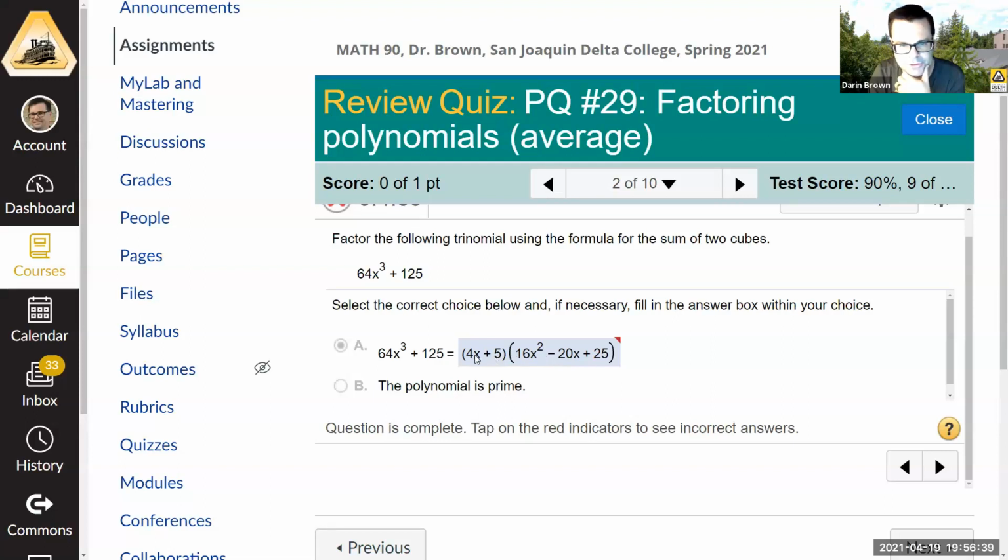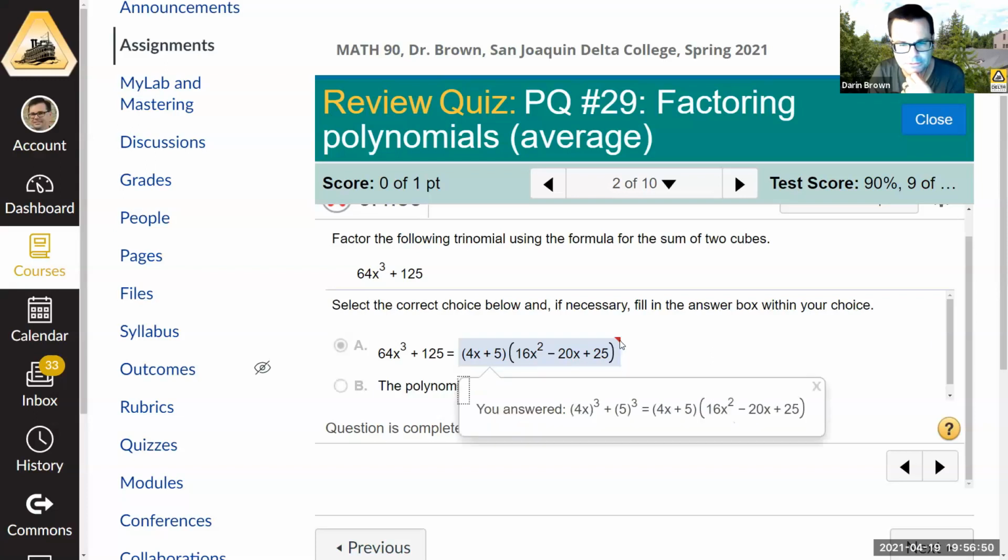This is a sum of cubes, right? 4x plus 5, 16x squared minus 20x. What is wrong there? Oh, okay. All right, that's not a big deal.